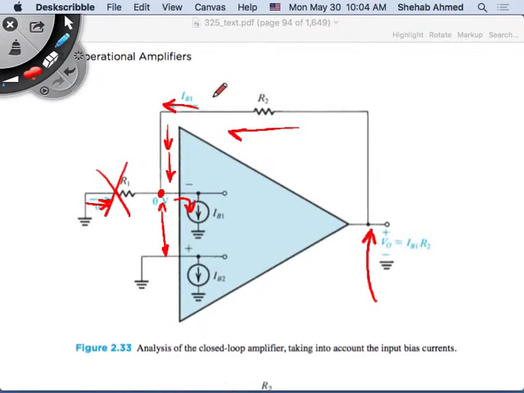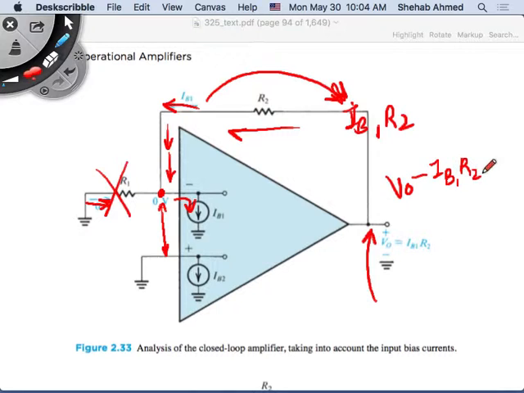It will cause a voltage drop equal to IB1 times R2. So V output minus IB1 times R2 is equal to 0. So V output is equal to IB1 times R2. And that's what we have here, right?